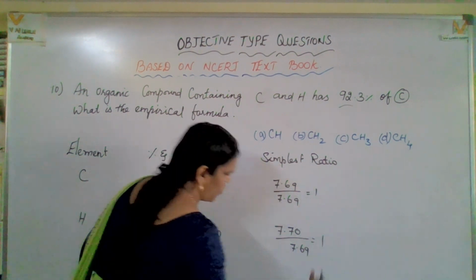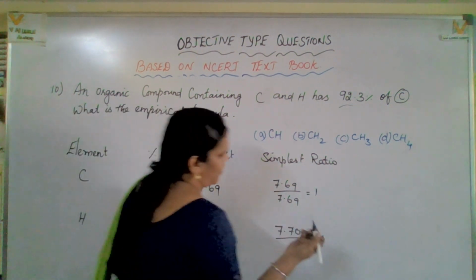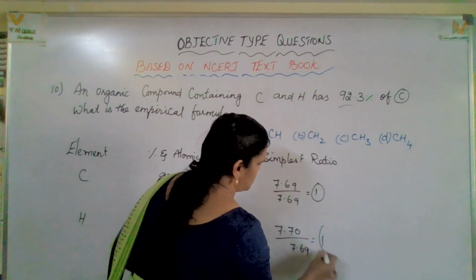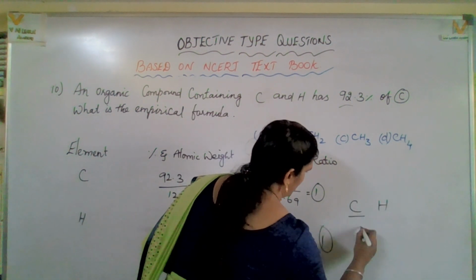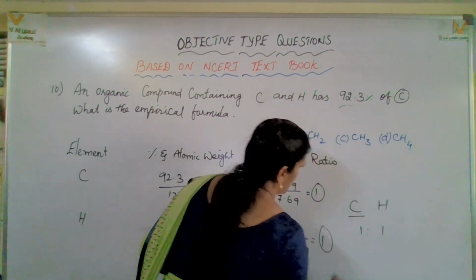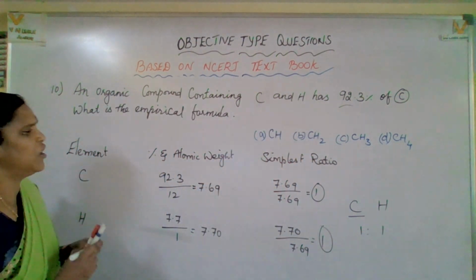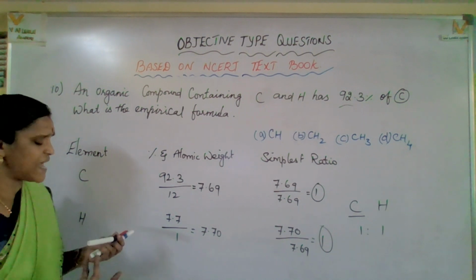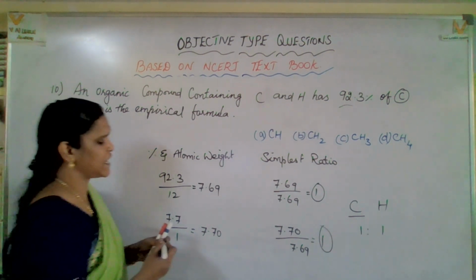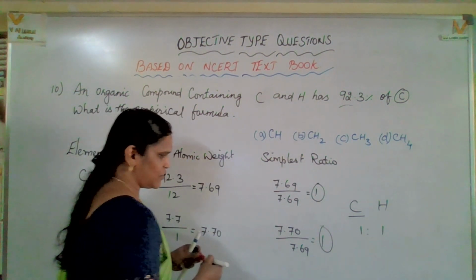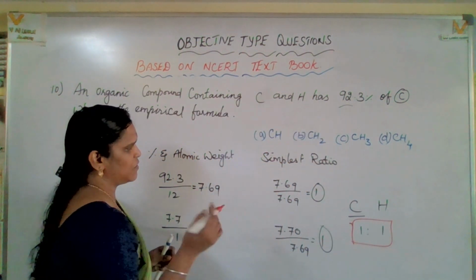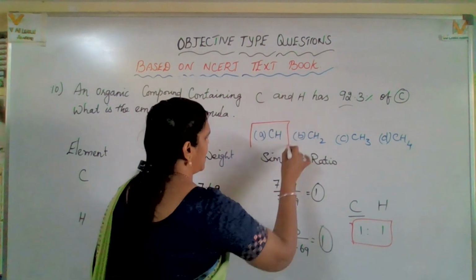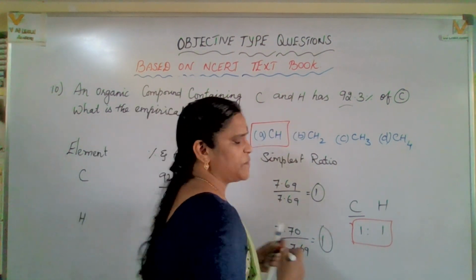You will get 1 only. Okay, so what is the simplest ratio? C and H, carbon 1 and hydrogen 1. Okay, now what is the answer? Which option is the correct answer? According to this answer, 1:1, carbon and hydrogen, both are equal. So option A is the correct option.